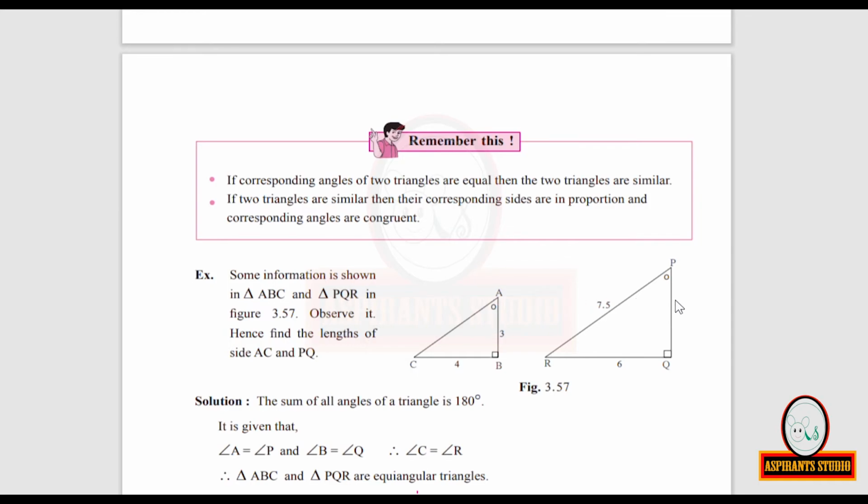Measure of angle A is equal to measure of angle P, measure of angle B is equal to measure of angle Q, and also we know that the sum of all angles in a triangle is 180 degrees. So the remaining measure of angle C is equal to the remaining measure of the corresponding angle of the other triangle, that is angle R. So we get measure of angle C is equal to measure of angle R.